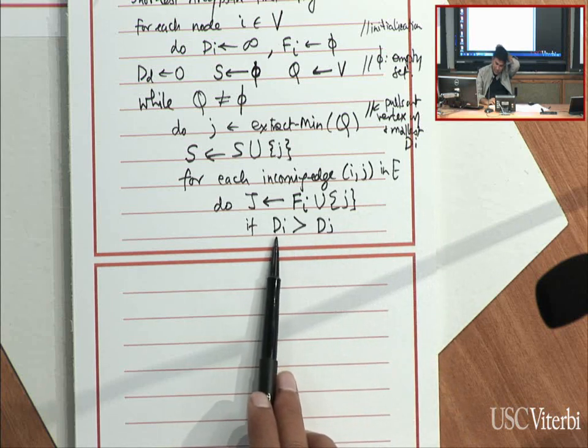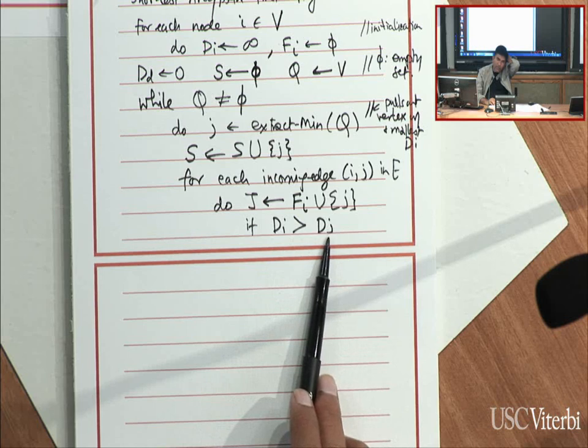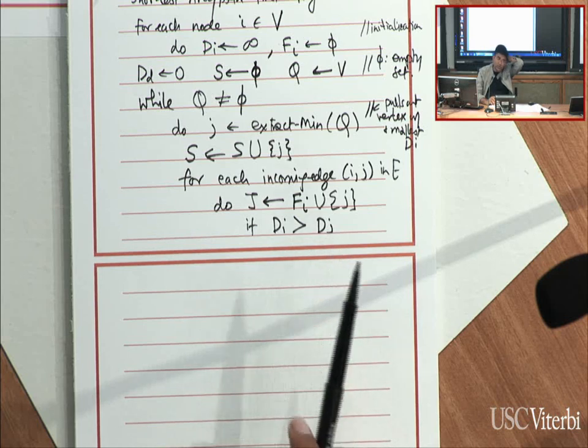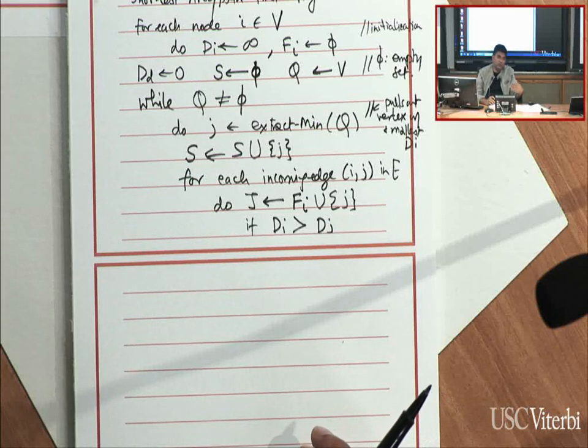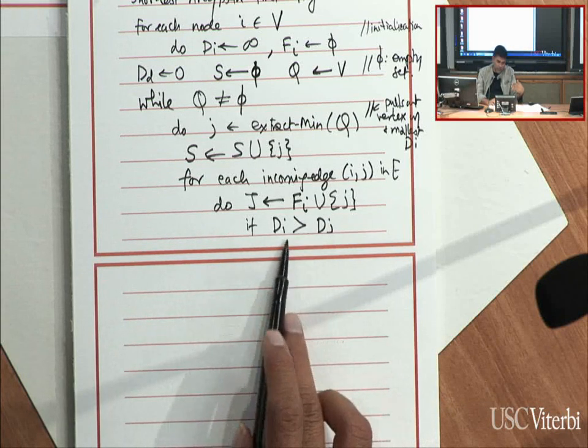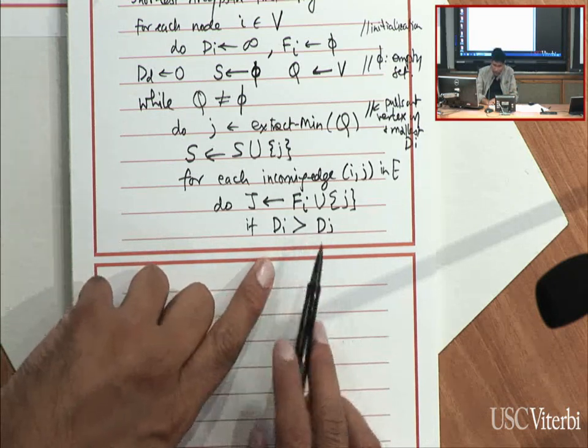If this condition is not met, in other words, if di is actually less than dj, there's no hope that adding j as a forwarding node will ever help you. Because the only reason for you to forward to somebody is that they can get the data quicker than you can. So first you check if di is bigger than dj.